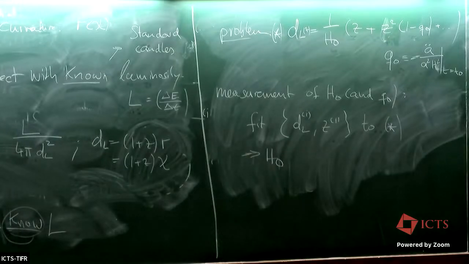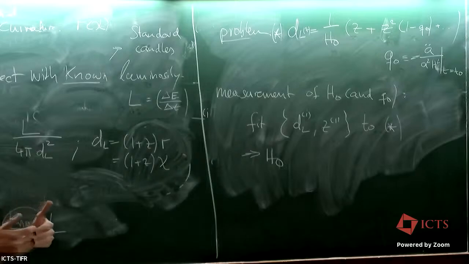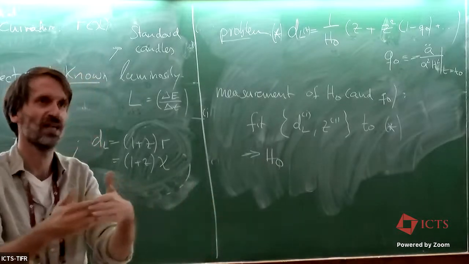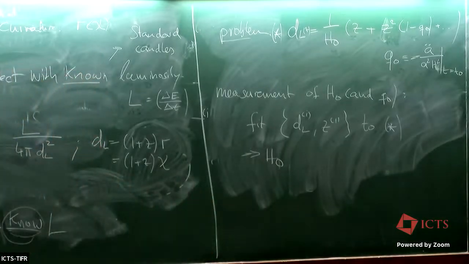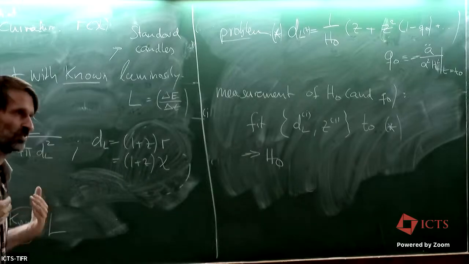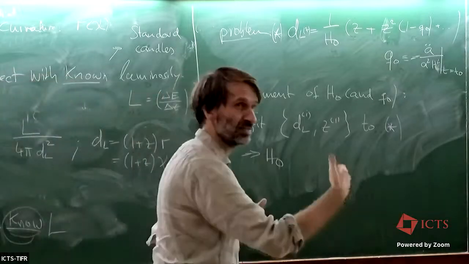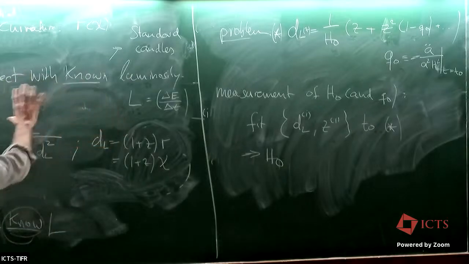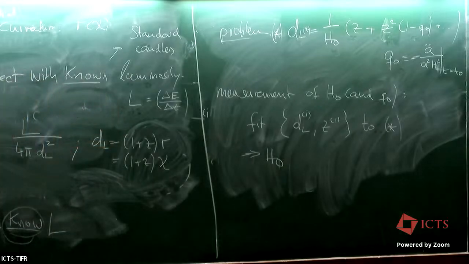So you use the Cepheids to infer the distance to these host galaxies, and then you use that knowledge to calibrate the type Ia supernova. That's the second rung of the distance ladder. And then you use that knowledge to go to supernovae even further away, deep in the Hubble flow, to play this game of calculating H0.